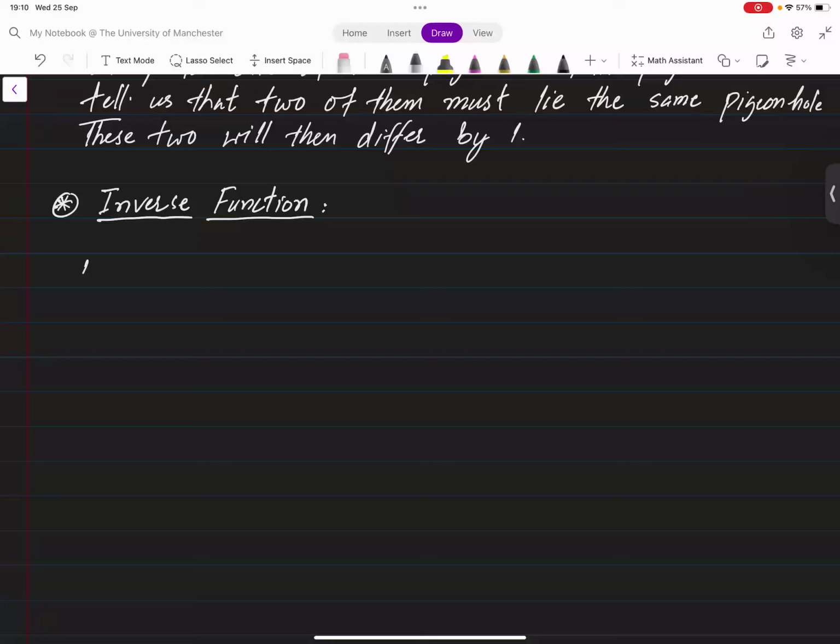So let's give a definition. We say, let f from S to T be a bijection.